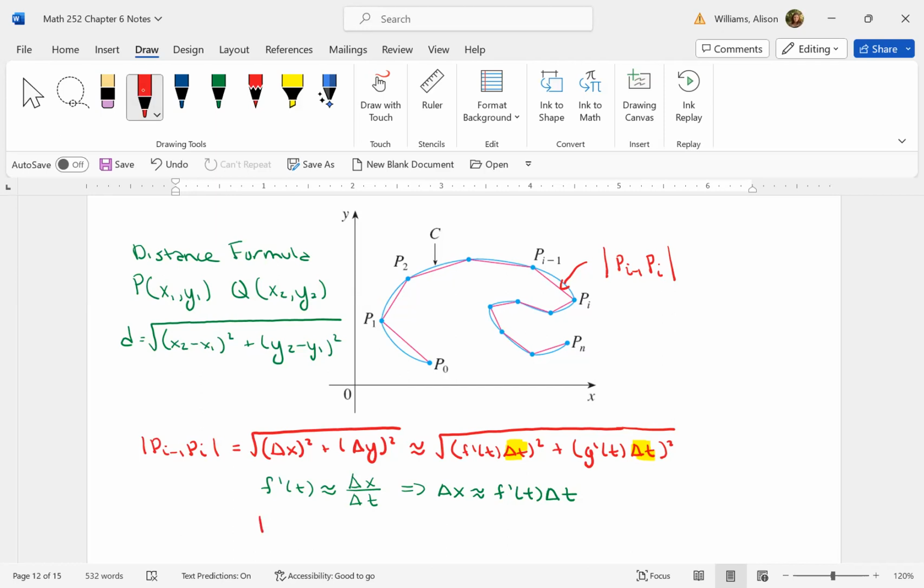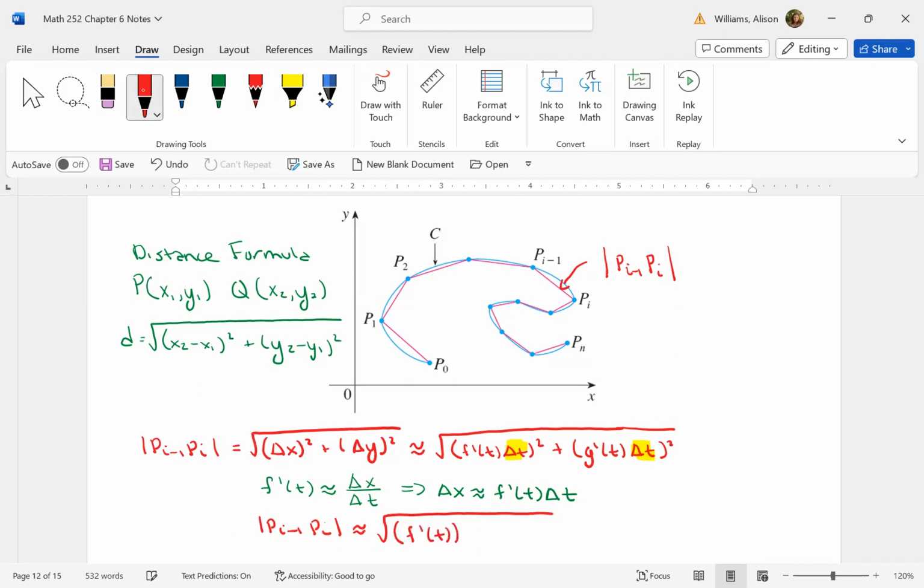Actually, here, I'll take a second and write it. Hopefully I have enough room. Technically it is approximately equal to. Okay, so here I'm going to do what I call blackboard magic.